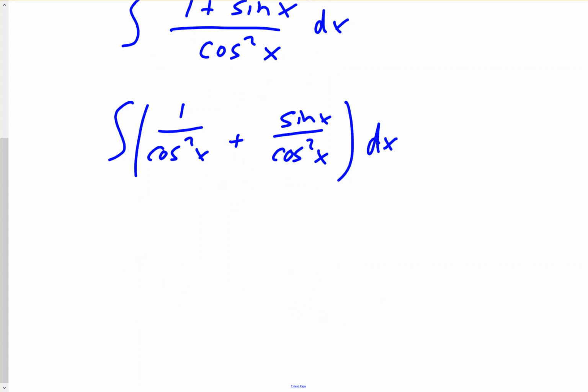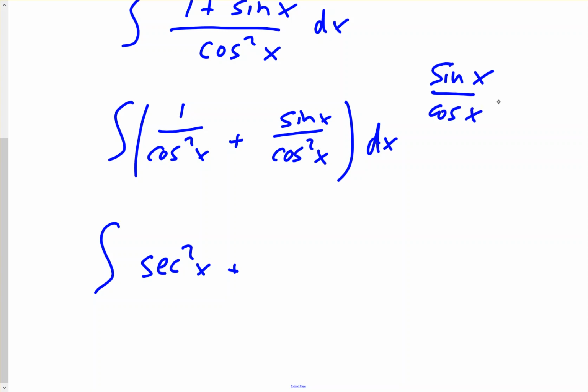Okay, so if we have 1 over cosine squared, that's the same as secant squared, right? 1 over cosine is secant. So this will be secant squared x. And then for the sine over the cosine squared, you could do a little intermediate step here and say this is sine x over cosine x times 1 over cosine x. So this gives you tangent times secant, right?